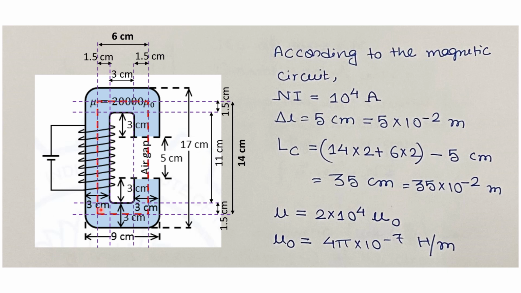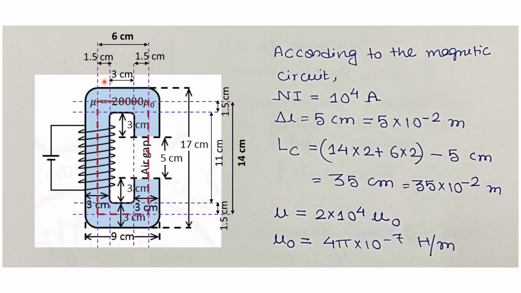Now we will see what the length of the smaller side is. According to the schematic, from here to here the length is 1.5 cm, this part will have length 3 cm, and similarly the remaining part will have 1.5 cm.